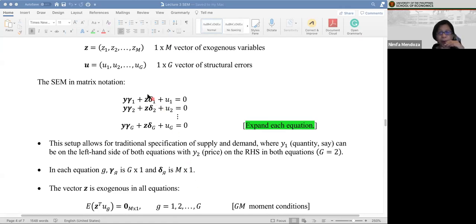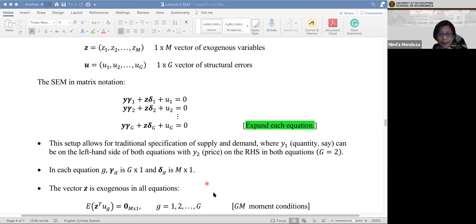So here, the way we specify the model, we assume that Z is exogenous. Therefore, Z must be uncorrelated with the disturbance term. So this Z is uncorrelated with U sub 1, this Z is uncorrelated with U sub 2, down to Z is uncorrelated with U sub G. Or you can write it compactly as the expected value of Z transpose U sub g is 0, M by 1, where Z transpose is the transpose of this row vector.